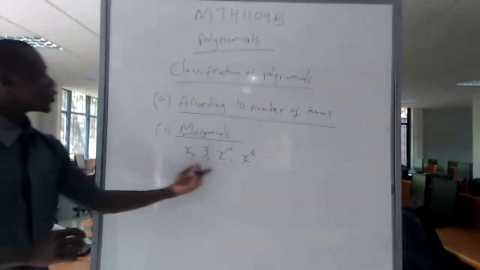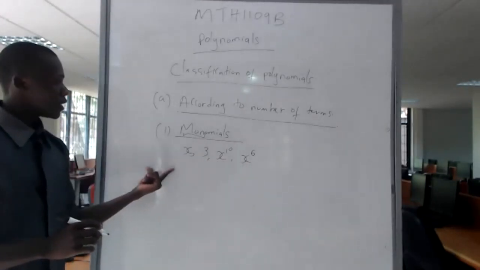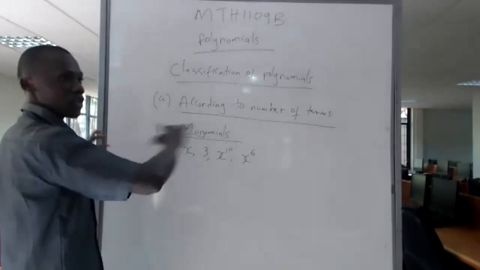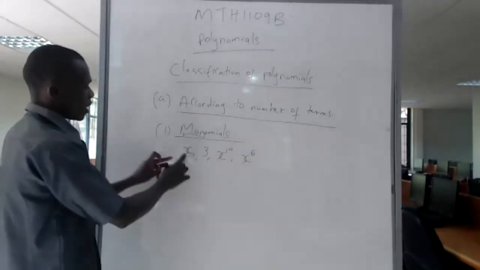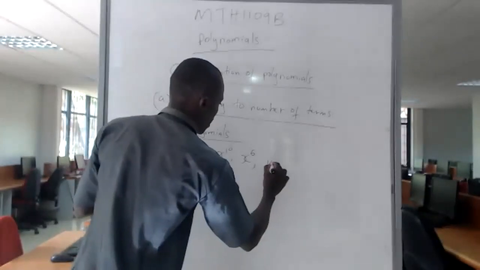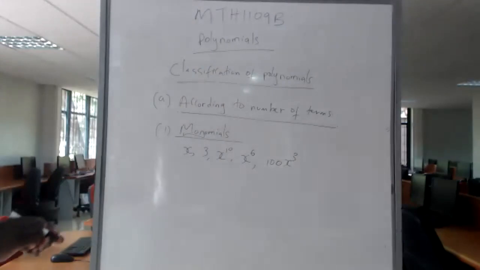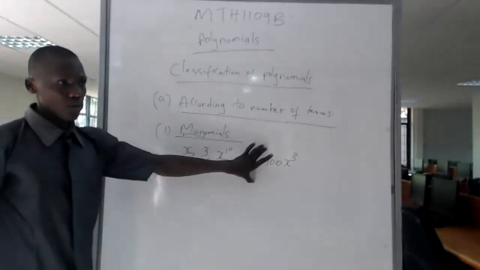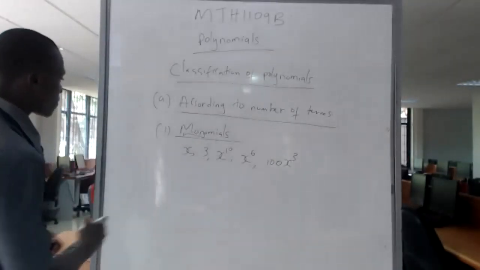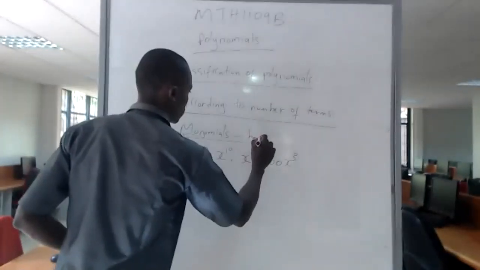These are examples of monomials. They only have one term. Okay. So all the other terms have 0 coefficients, so they have disappeared. And these are the only terms that have non-zero coefficients. A polynomial like 100 x to the 3. These are what we call monomials. So monomials have one term.